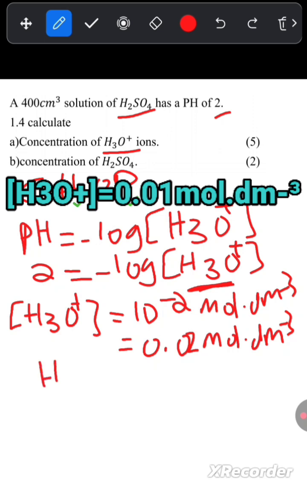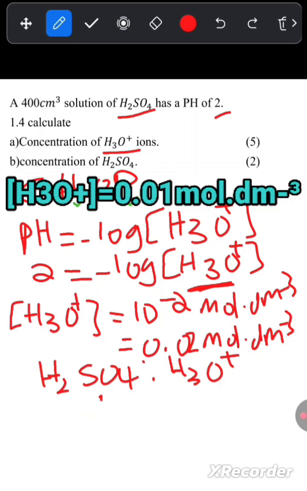So we say, okay, sulfuric acid, find the ratio. Sulfuric acid is to hydronium ions. You ask yourself, how many hydrogens are here?